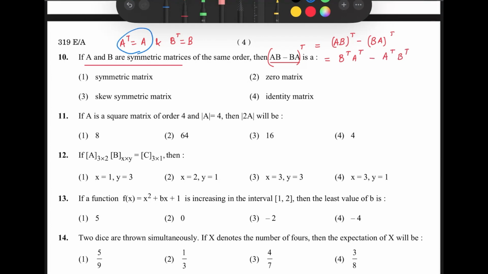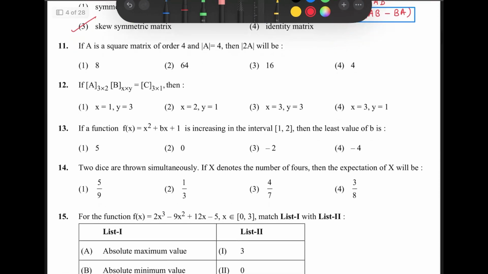But A transpose is just A, B transpose is just B. So what I will write here is BA minus AB, which is minus of AB minus BA. That means AB minus BA is a skew symmetric matrix, because we started with AB minus BA, took the transpose, and got minus of AB minus BA.